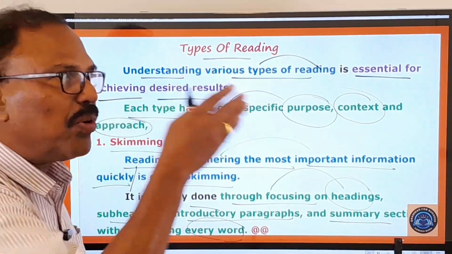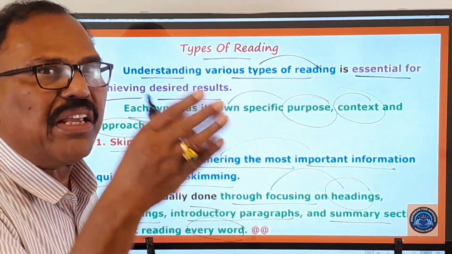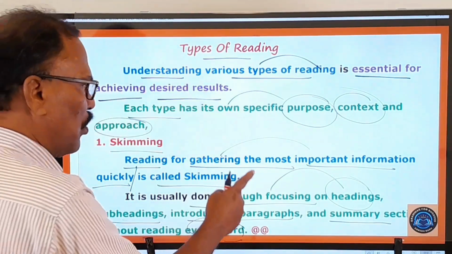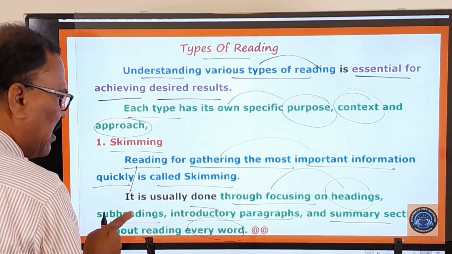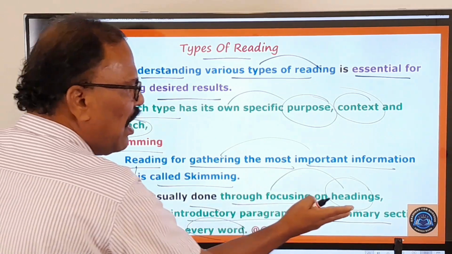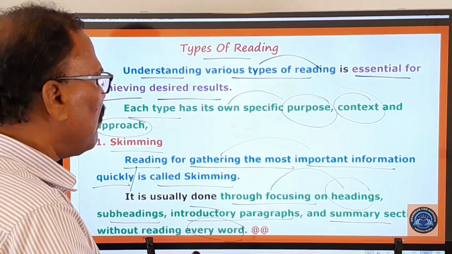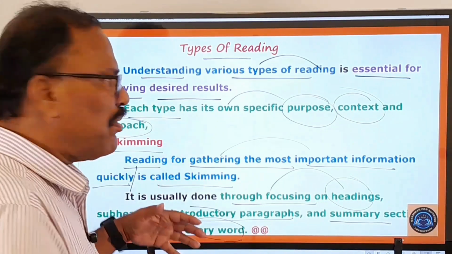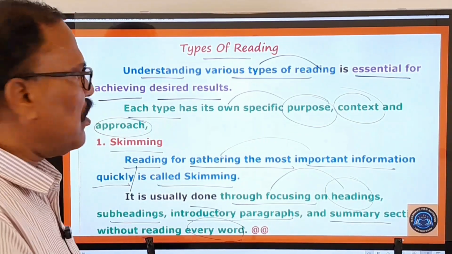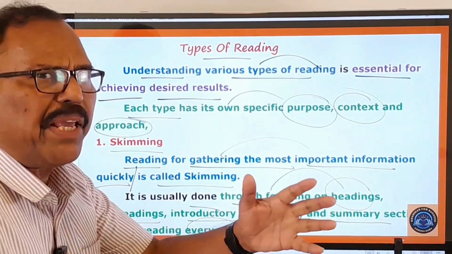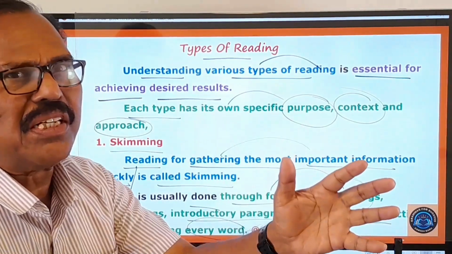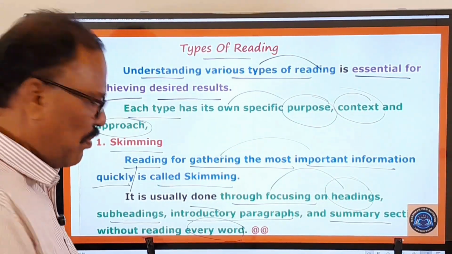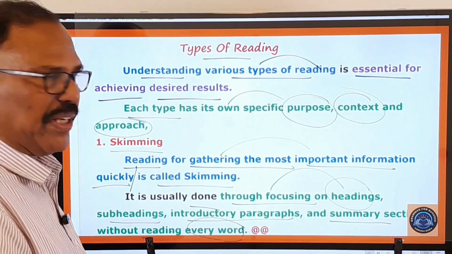Without going through each and every word of the given text, you only go through the headings, the subheadings, the introductory paragraphs and the summary sections. That is the only thing you do in this type of reading. So this reading is called skimming, reading faster, reading quickly. Now let's move on to the next type of reading.